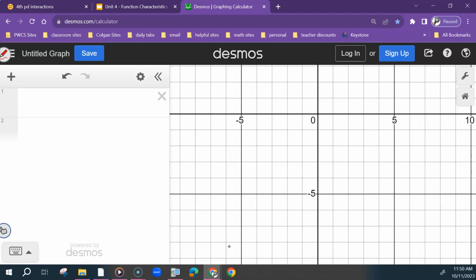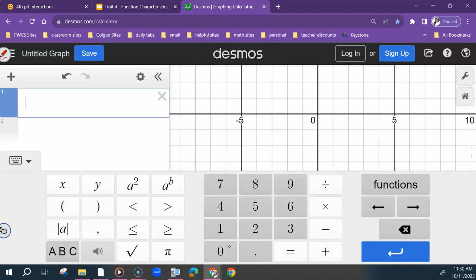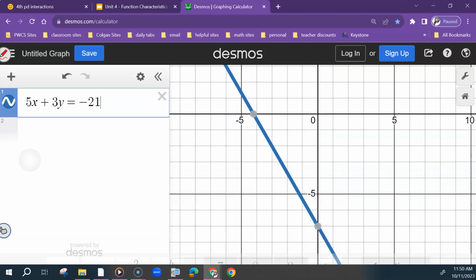Alright, so I'm going to look at the example we just did. Okay, so I'm going to put in the original equation that was already there. 5x plus 3y equals negative 21. So we have that original equation.